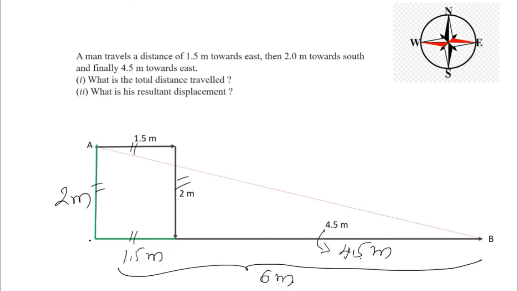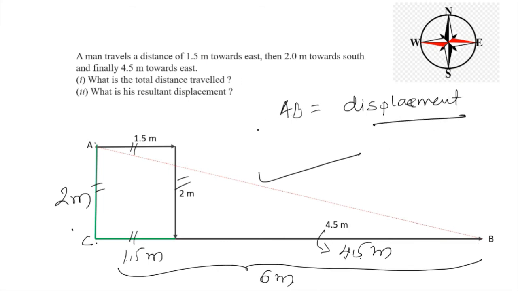If you call this point C, BC is 6 meter and CA is 2 meter. Find out by using the Pythagoras theorem the length of AB, which is equal to the displacement. Please write the answer in the comment box.